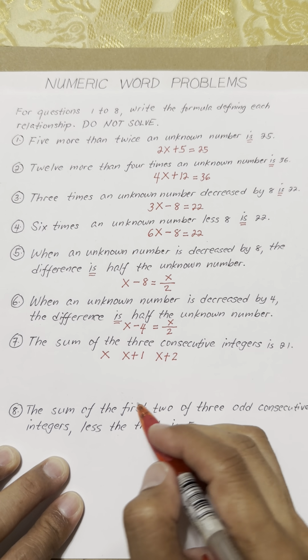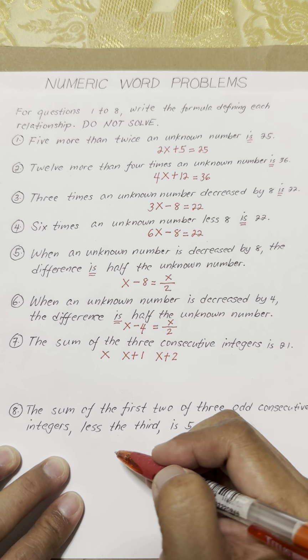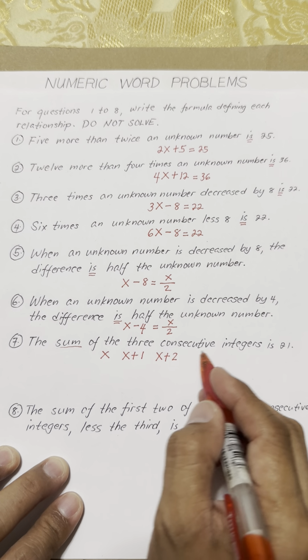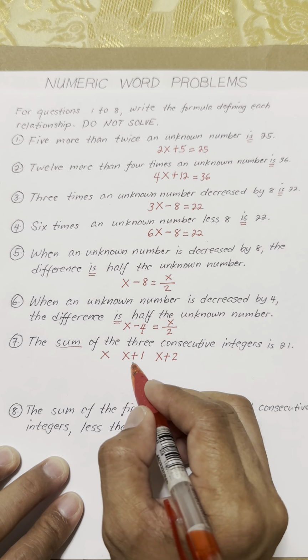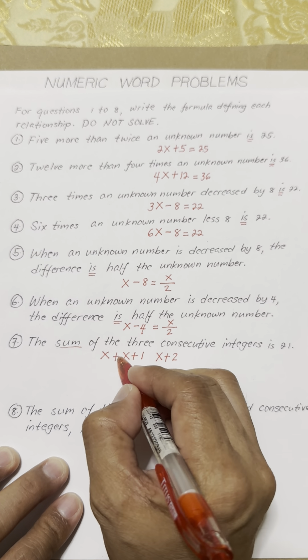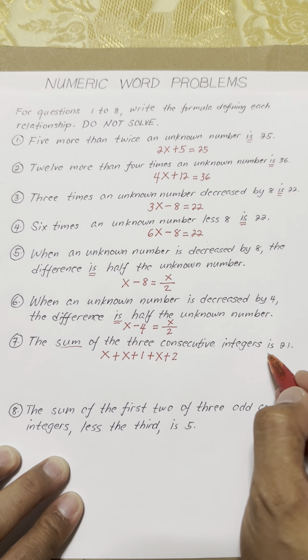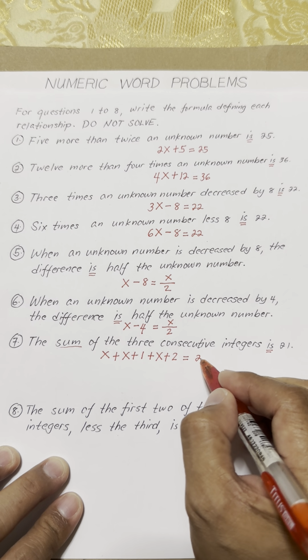All right? You can enclose this with parentheses or you can just leave it as is. And it says the sum of the 3 consecutive integers. These are the 3 consecutive integers: x, x plus 1, x plus 2. Sum means we have to add all of them. Then is, again the word is means equals 21.